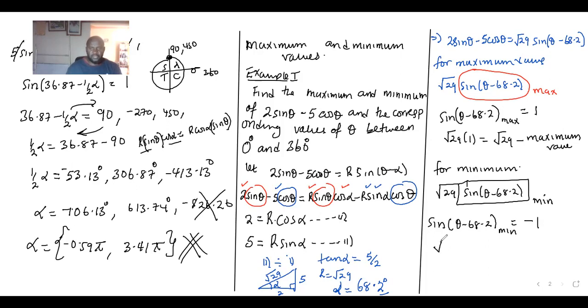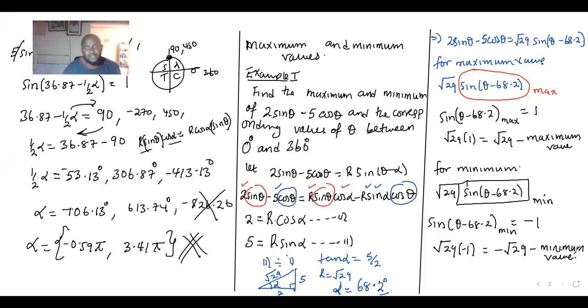Therefore, root of 29 times -1 is equal to negative root of 29, the minimum value. So the maximum and minimum values are always plus and minus R. One is positive, one is negative.